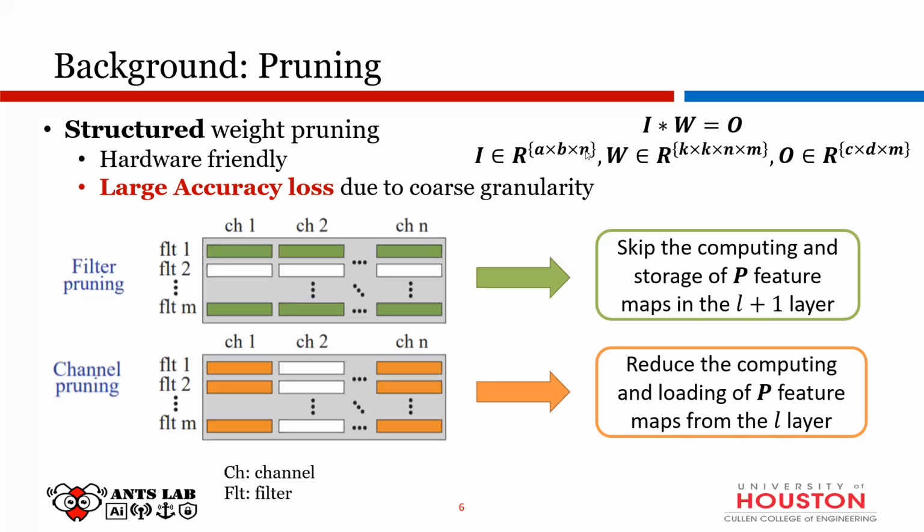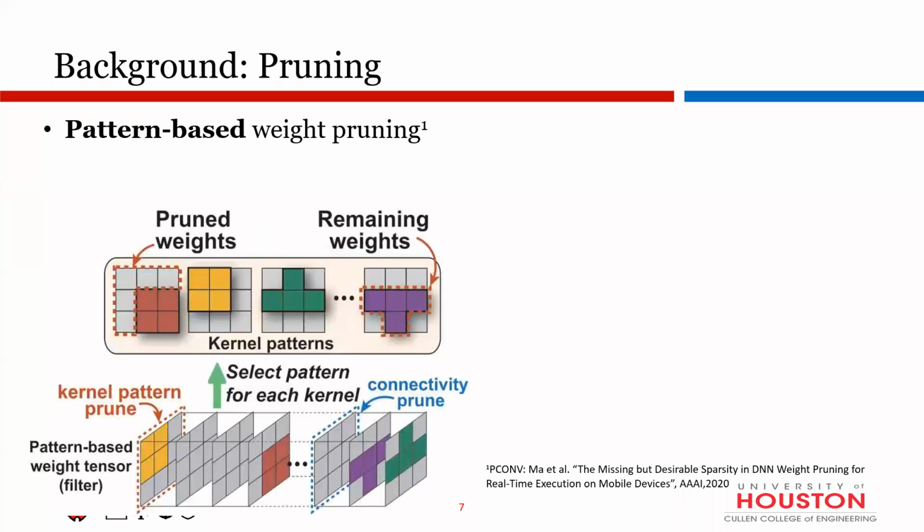It means that you have n feature maps here. The channel is actually a kernel. Each map here is a kernel. So the number of kernels is the number of channels in neural networks. So how about the filter? The filter is this cube.